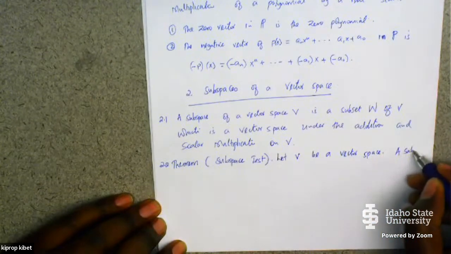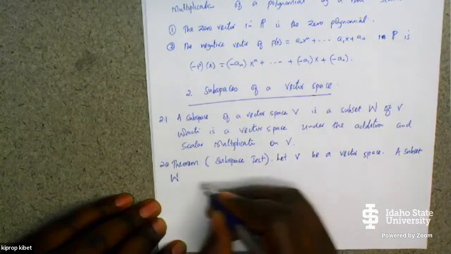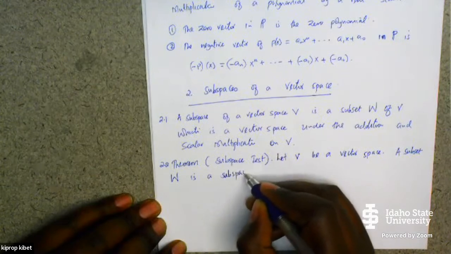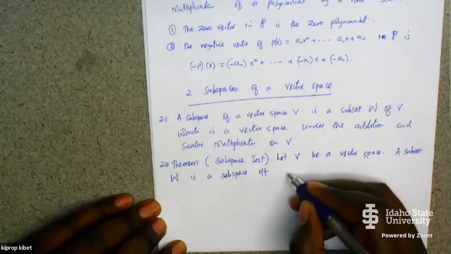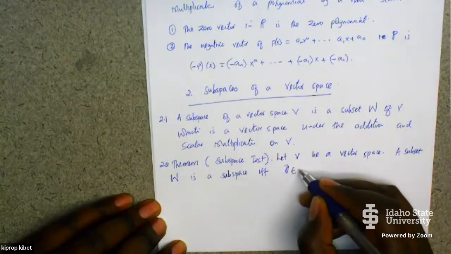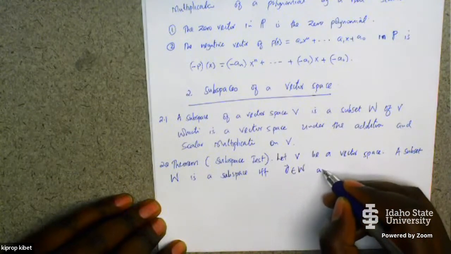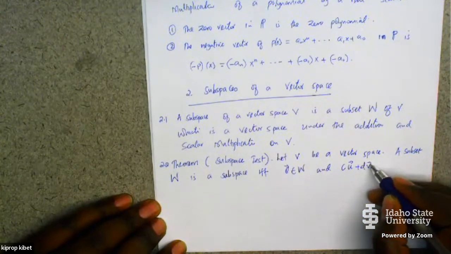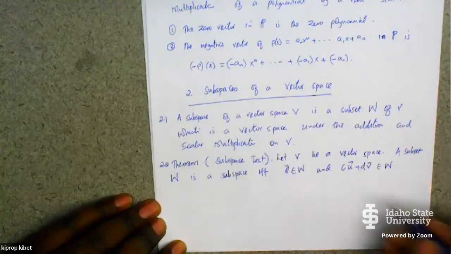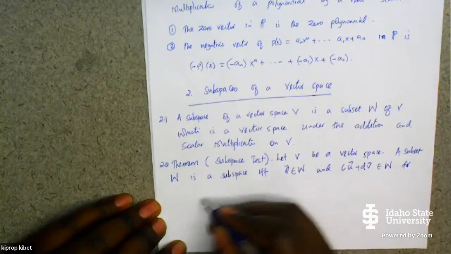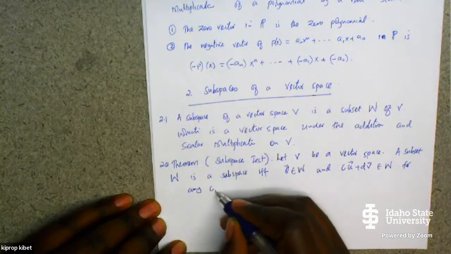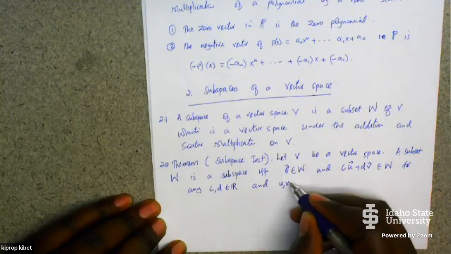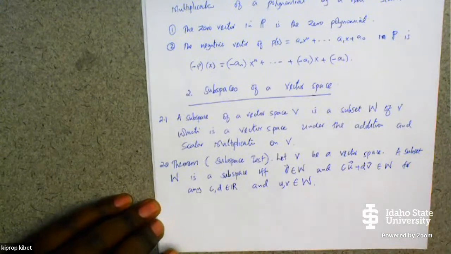A subset W is a subspace if and only if the 0 vector is an element of W and cu plus dv is also an element of W for any c and d, which are real numbers, and u and v are elements of the subspace.